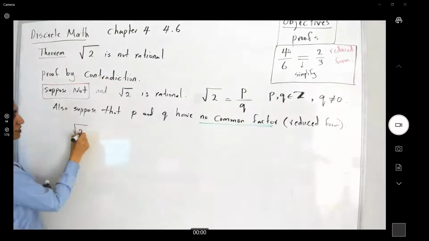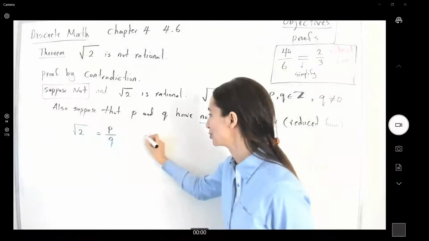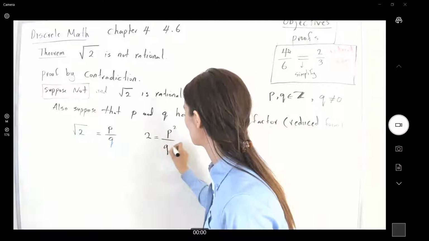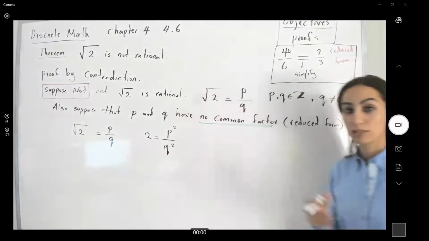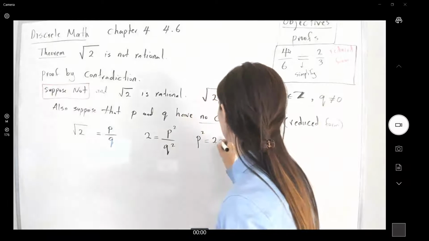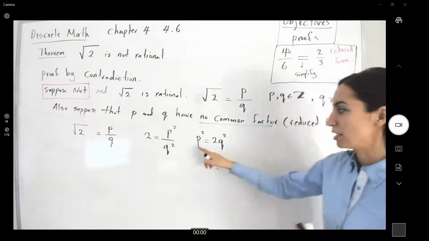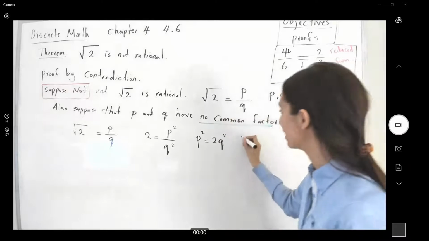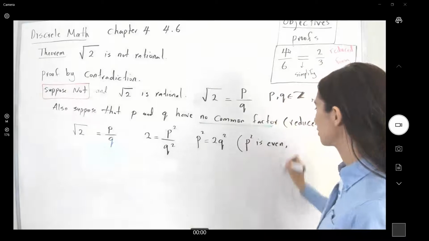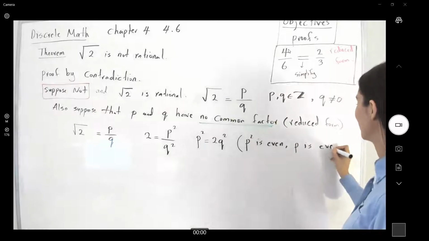The square root of 2 is equal to P divided by Q. It means that 2 is P squared over Q squared. What's the meaning of that? P squared is equal to 2 times Q squared. Well, it means that P squared is even. And by the theorem that we learned before, P is even as well.